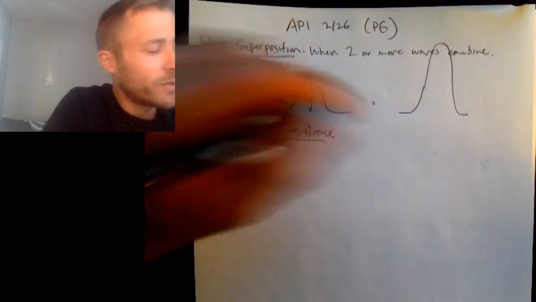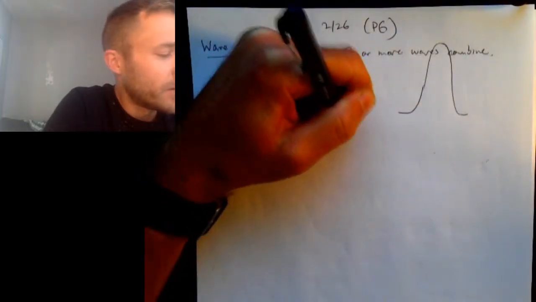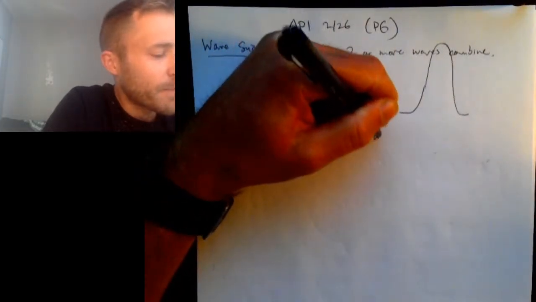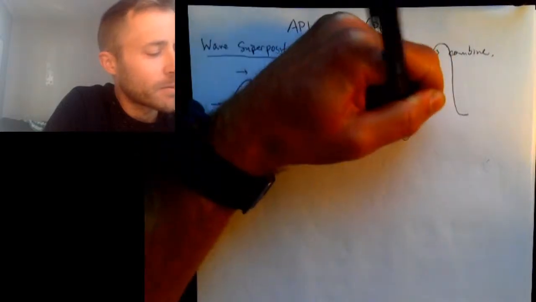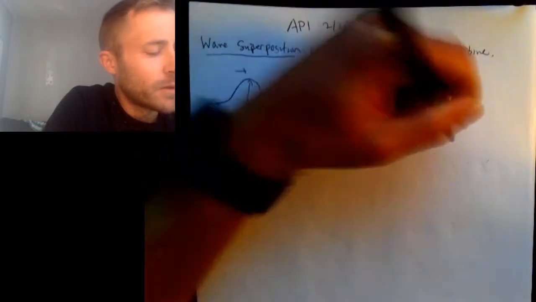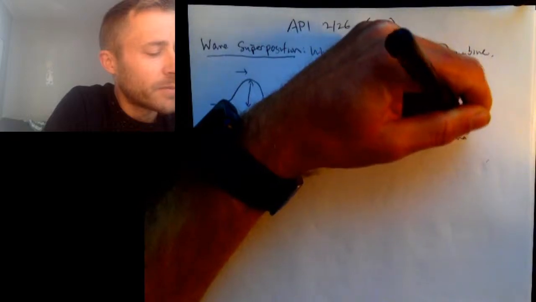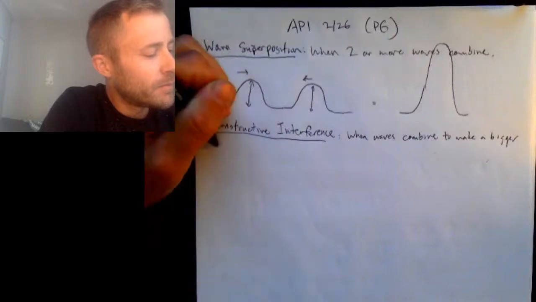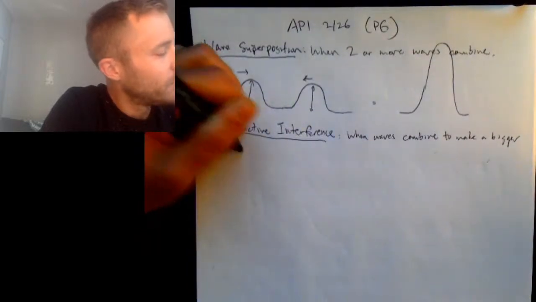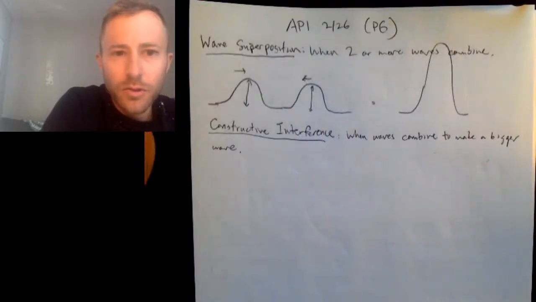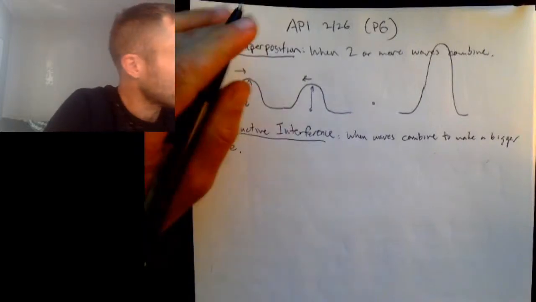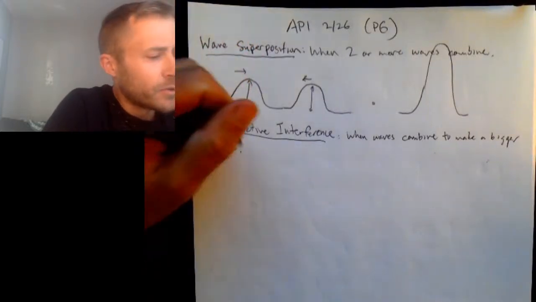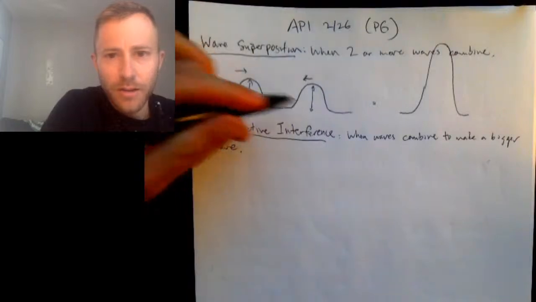So constructive interference is when waves combine to make a bigger wave. All right? So, yeah. In this case, these two waves combined, the waves got bigger.